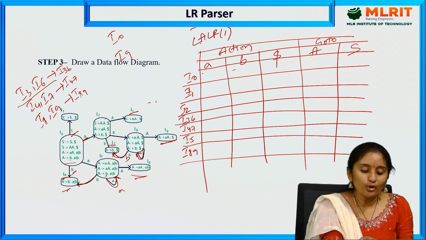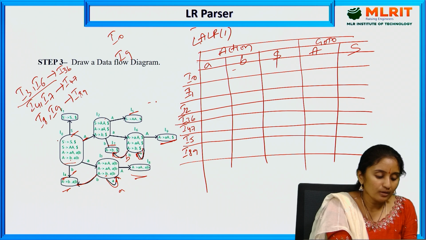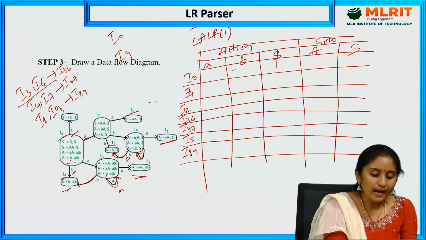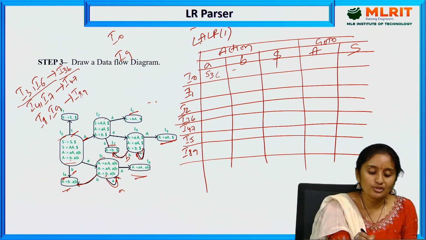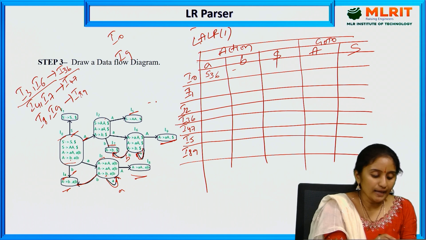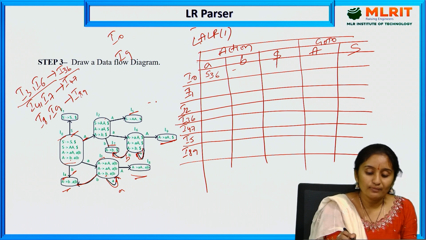Now, I0 on small a, where is it going? Check it from this diagram. I0 on small a is moving to I3, which is S36, shift 36. I0 on capital S is moving to I1.